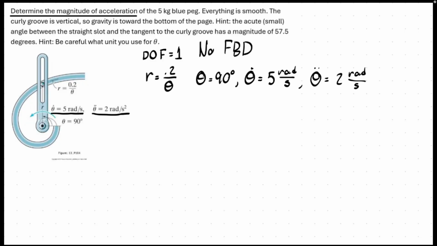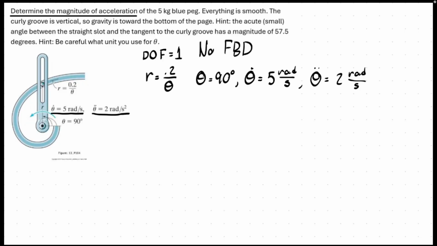So it's at this point that we have to remember our curvilinear equations. This is a polar problem, so we have to actually pull them up. They're going to be on your cover page for your exam, but I'm going to write them here on my problem just so that we can have it in the visual.